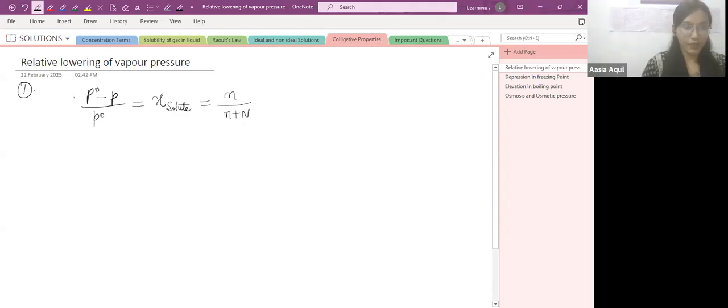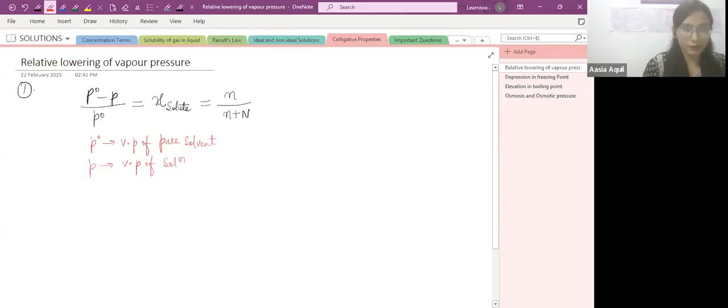P naught here is the vapor pressure of the pure solvent. P here is the vapor pressure of the solution.